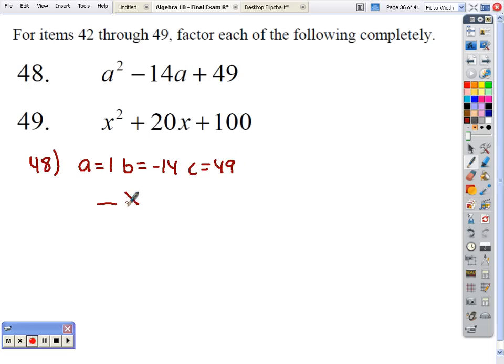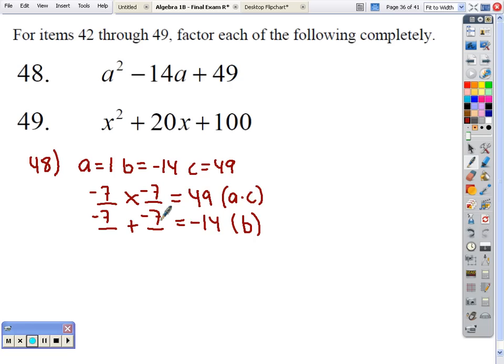So in this case, I'm finding what times what equals 49, because that's my a times c, and what plus what equals my b, which is negative 14. Okay, well, 7 times 7 is 49. 7 plus 7 is positive 14, but if I reverse it and say negative 7 times negative 7, it's still positive 49. And negative 7 plus negative 7 is negative 14.